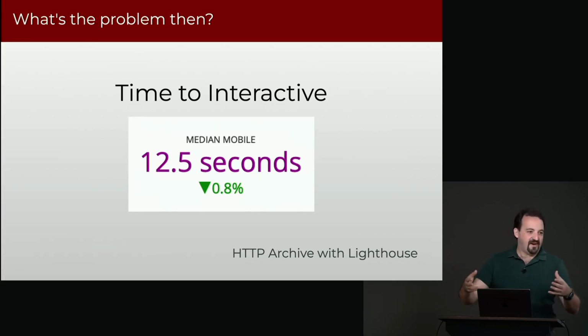I'm simplifying this, but that means that the website is ready for interaction. Maybe you have seen this in action when you're trying to use a website and it doesn't scroll, you click and it doesn't click. That's because it's not interactive. Well, the median on mobile devices yesterday was 12.5 seconds to get to a website that is completely interactive.